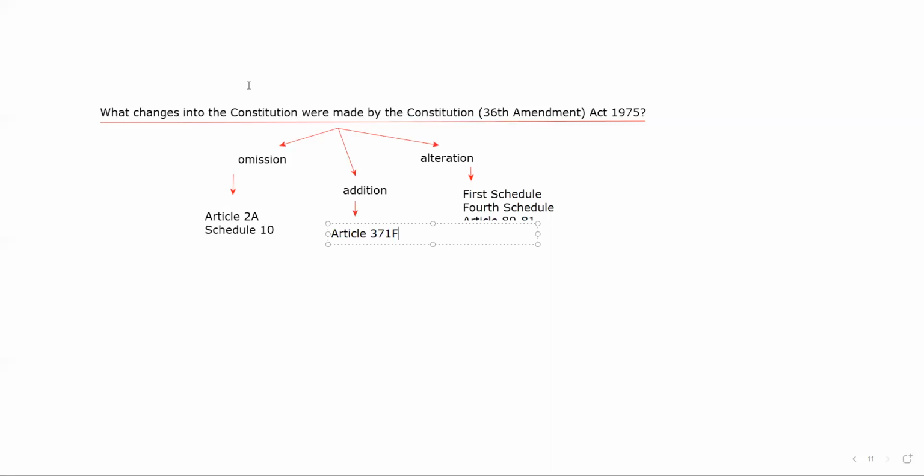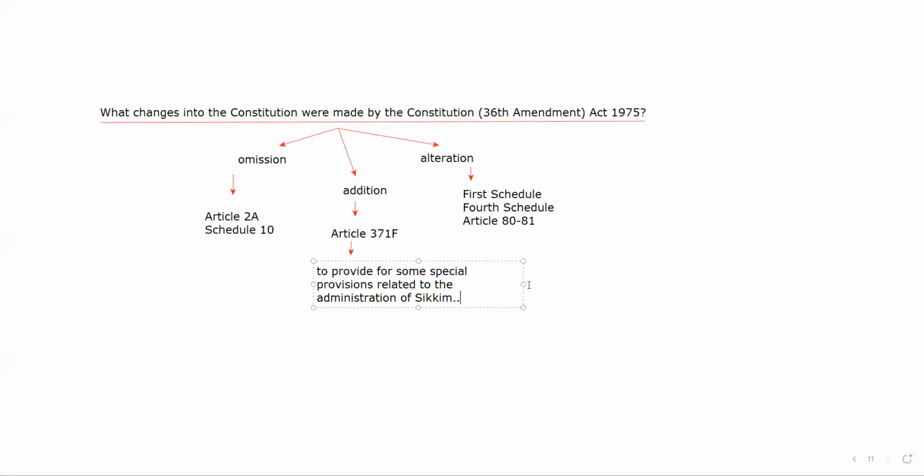To provide for some special provisions related to the administration of Sikkim. So this is the point here.